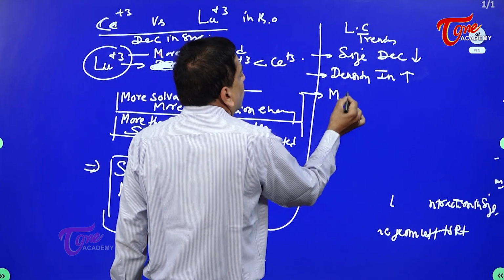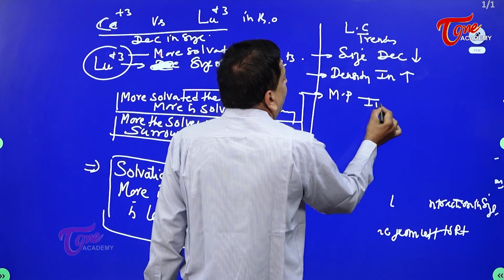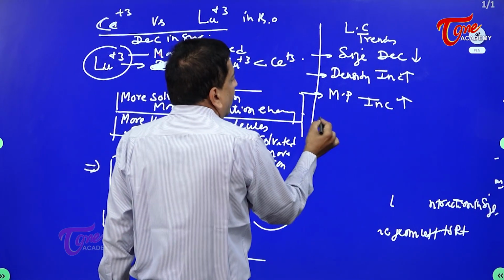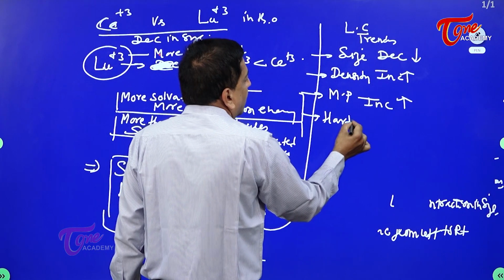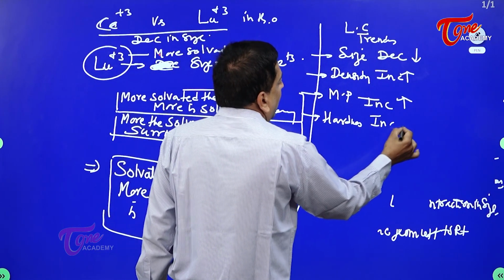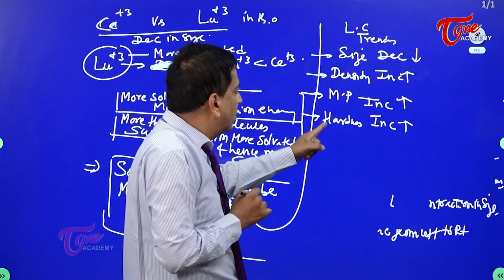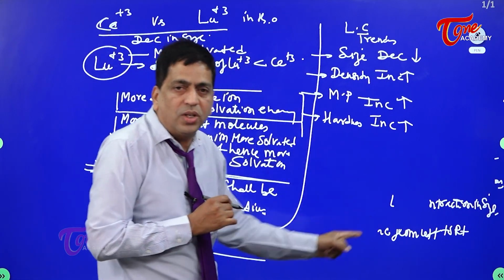Melting points increase, right? Hardness increases. Size decreases, density increases, melting point increases, hardness increases.